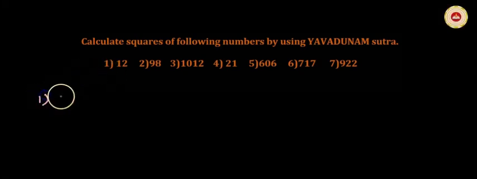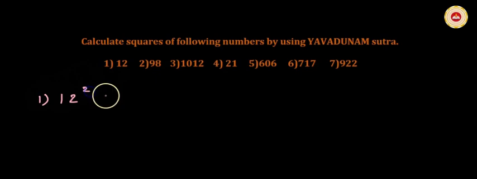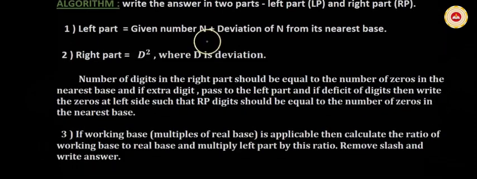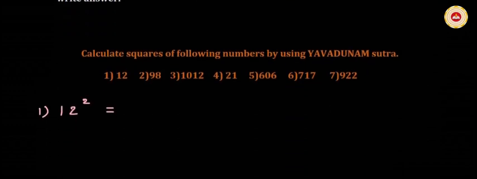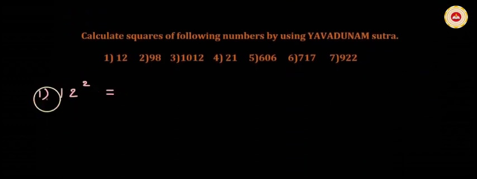First example is 12 squared equal to. So let us read the steps. What is the left part? Given number n plus deviation of n from its nearest base. So let us first find the deviation for the given number 12. What is the nearest base for the given number 12?